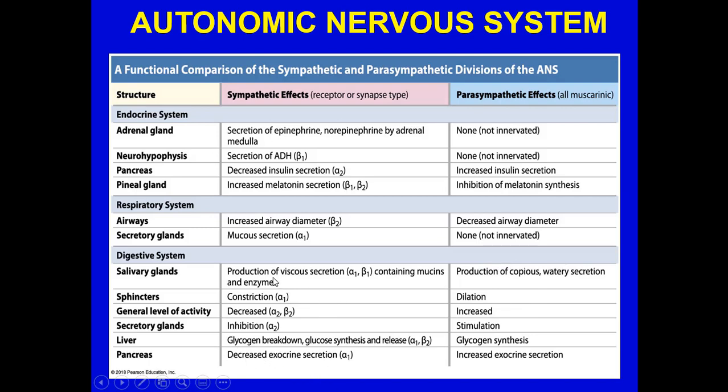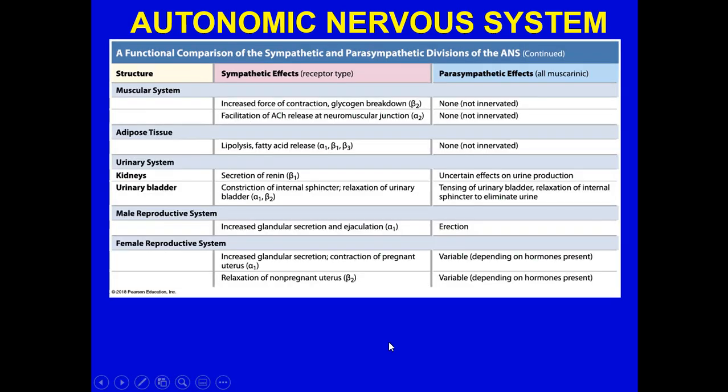At the same time, under sympathetic, there's going to be a reduction in a lot of this. The only thing you're going to see really is a revving up of the release of glucose because it's needed for fight or flight. When we get to the adipose, there is no parasympathetic effect. There is a sympathetic effect, lipolysis, meaning the breakdown of fats, release into the blood. Okay? So these are the things I want you to keep in mind.